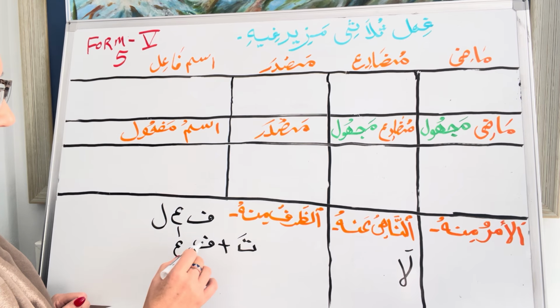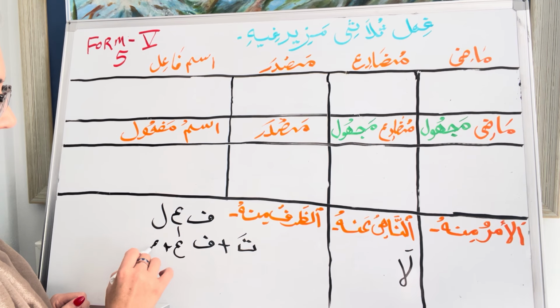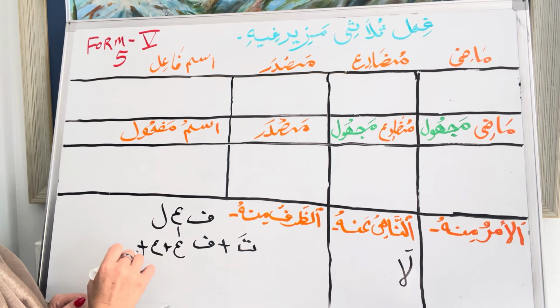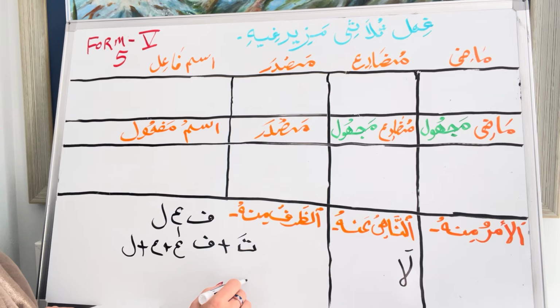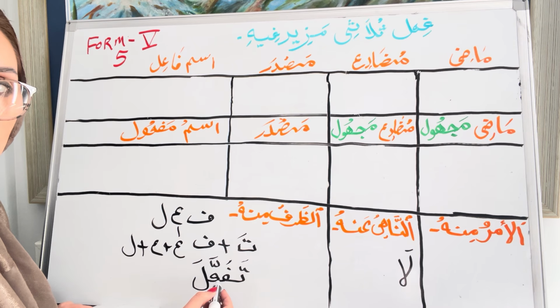Let's see, ta plus fa, ain plus ain, and then plus lam. So it becomes تفعل. So, but this is how you would write it. If you take away the ta, you're looking at form 2.